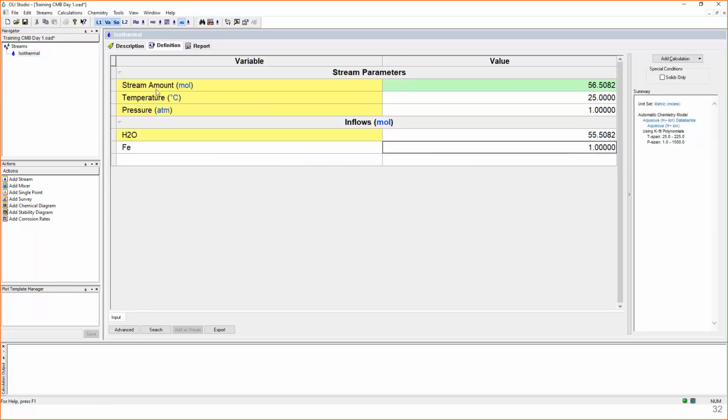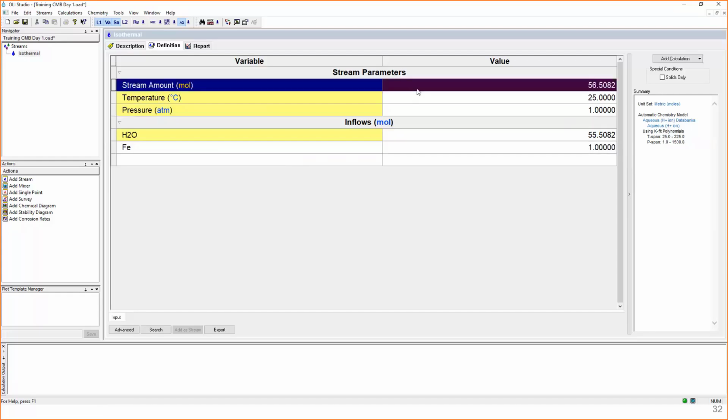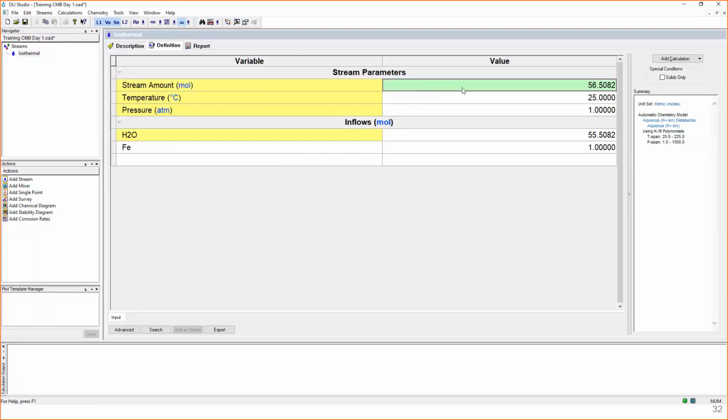Notice that the stream amount, the green cell that you see here, now says 56.5082 moles. Whatever cell that you see in the software that is green means that it's being calculated by default. So this green cell is adding these two amounts that you see here in the inflows, okay?